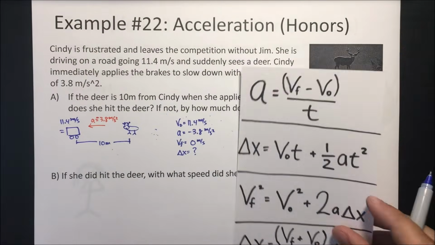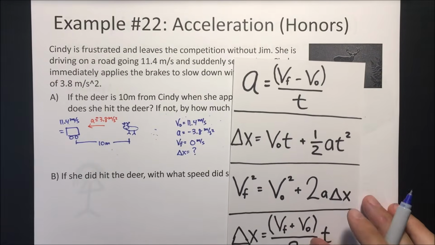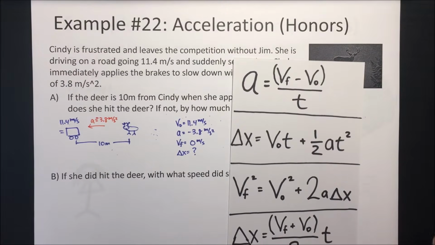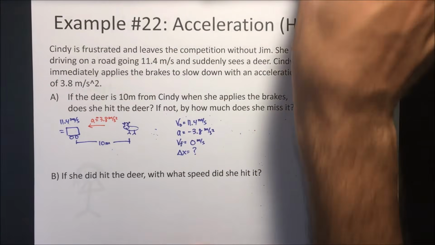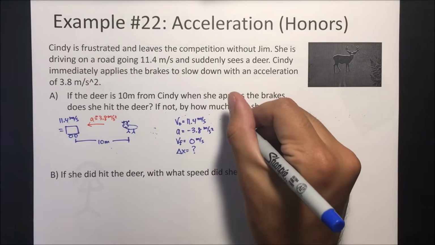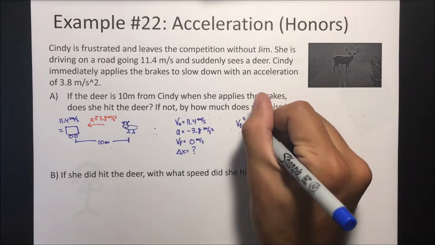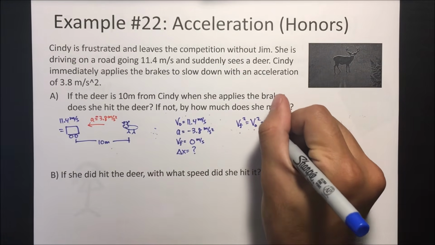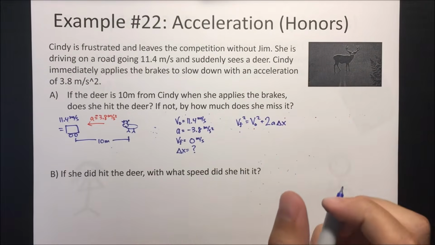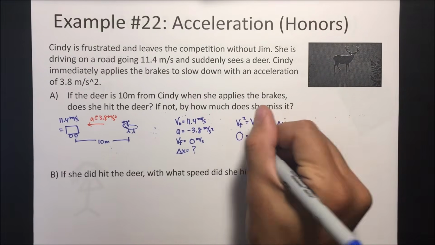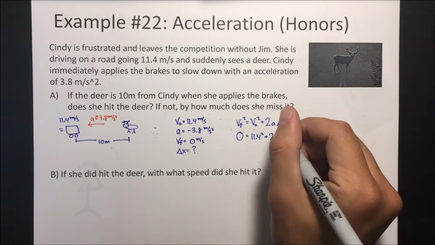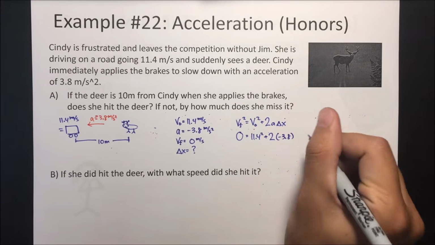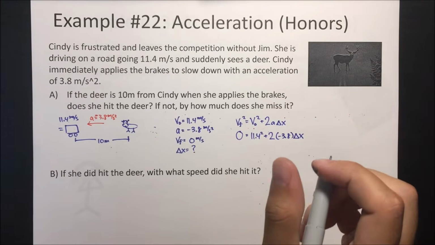Now, again, let's look at our formula sheet and see which one we're going to use. We're going to notice that this formula here is the one that has all 4 of these variables. So we're going to use the formula Vf squared is equal to V initial squared plus 2a change in x. 0 is equal to 11.4 squared plus 2 times negative 3.8 times change in x.